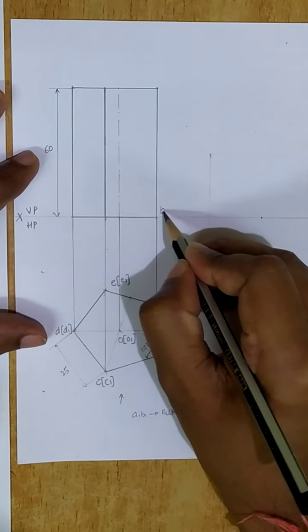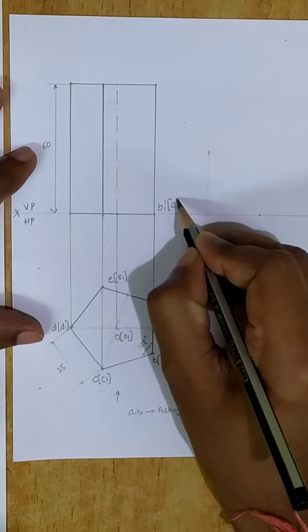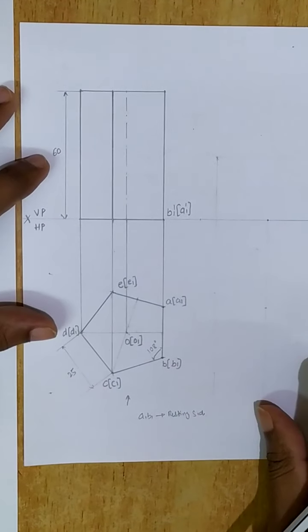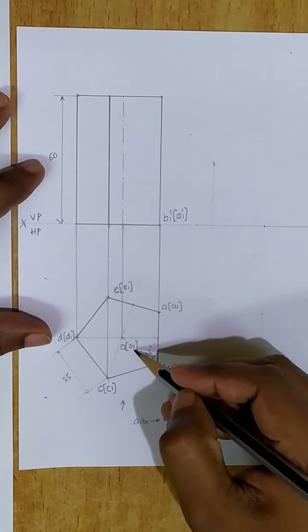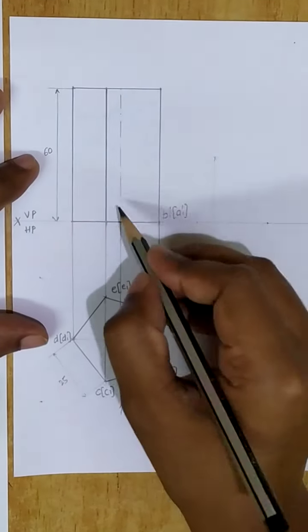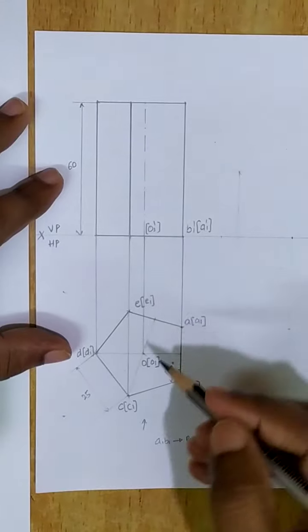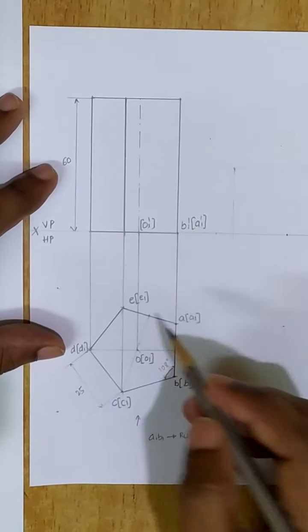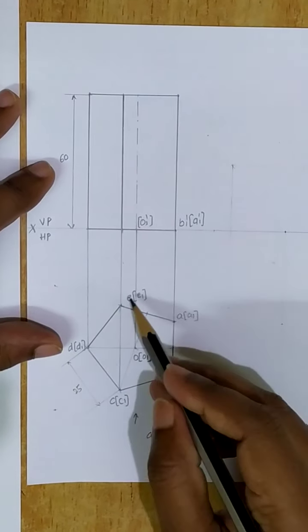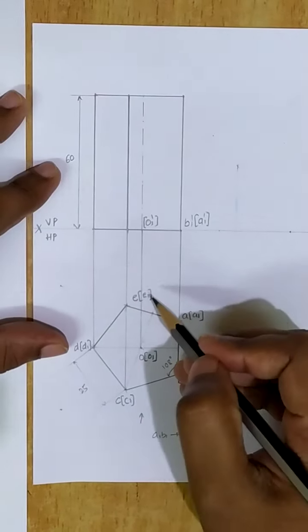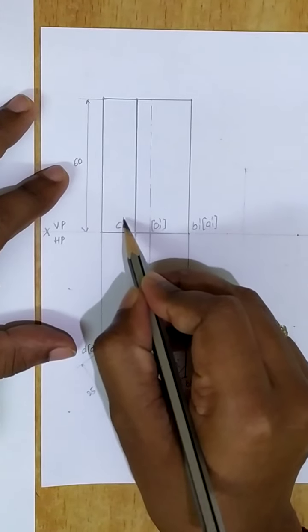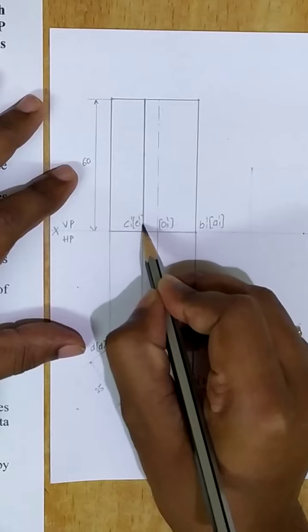So I'll write this point as B1 dash of A1 dash, so that it will be your resting side. So here O1 dash, O1 is the point. In the front view it becomes O1 dash. I am placing it inside the bracket because this point lies inside this pentagon. So next is C1 dash and E1 dash. Two points are there. E1 is nearer to the X line. So I'll write this as C1 dash of E1 dash.